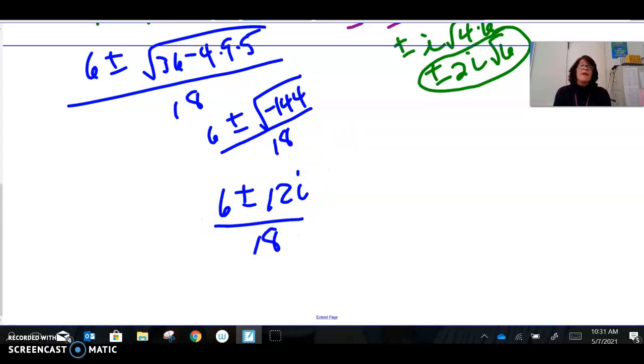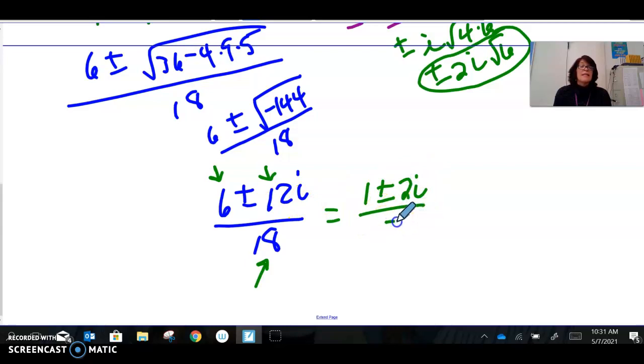Okay, now I still have people having trouble simplifying these. Since these are connected by addition, I have to find something. If I'm going to reduce this, I have to find something that goes into 6, 12, and 18. And since 6 does go into 6, 12, and 18, I'm going to take 6 divided by 6. I'm going to take 12 divided by 6.